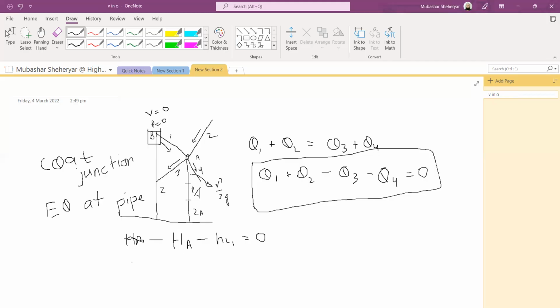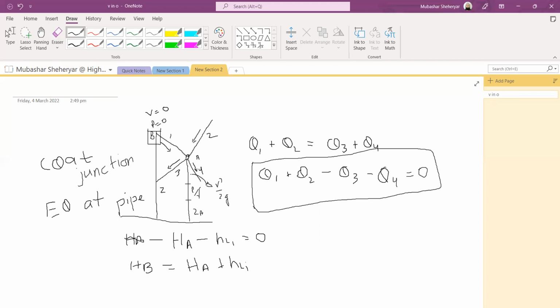The energy equation can basically be written as HB, the head at upstream, is equal to the head at downstream plus HL. But this explicit equation we have to make implicit to solve it easily, just by keeping it on one side.